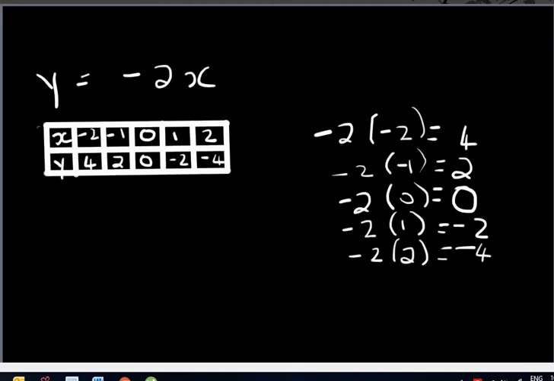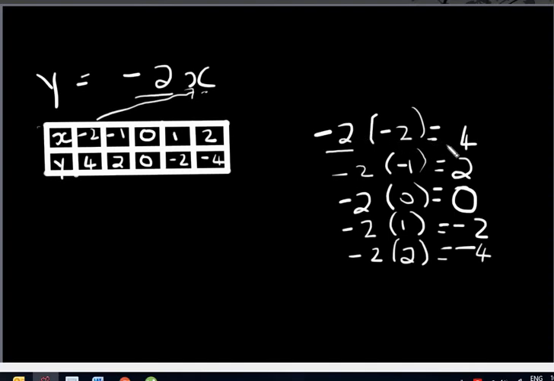We have to do a table to plot this graph. So we've got y is equal to -2x, and what that means is that you are going to substitute the values from the table into your original equation. So let's have a look at this.